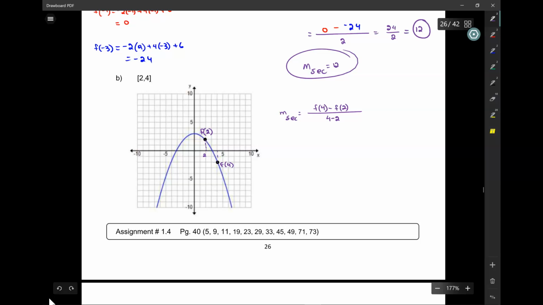What's f of 4? -2. Minus positive 2 over 2. That's 0, right? Is it? Yes? No. No. Yes. Good. -4 over, just checking. -2. All right, so that's the average rate of change.